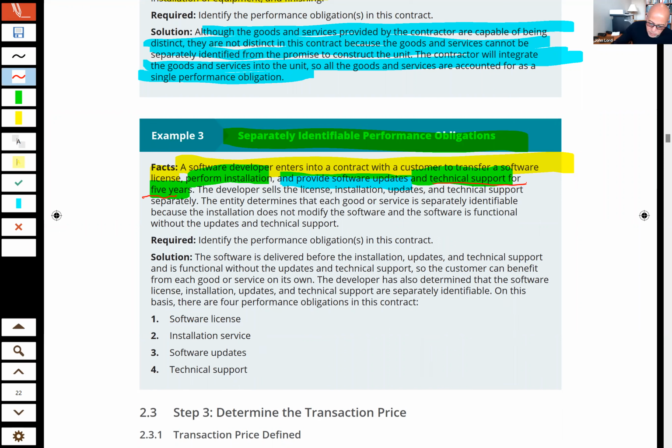So what happens? The developer sells the license, the installation, the updates, and the tech support separately. Boom, right there. You say, okay, well, thank you very much. They just gave me the different performance obligations. In fact, it almost seems silly to delay any further giving the solution here. Obviously, each one of those is a separate performance obligation.